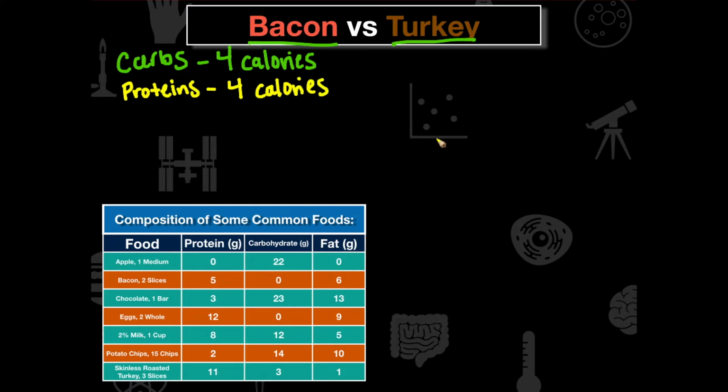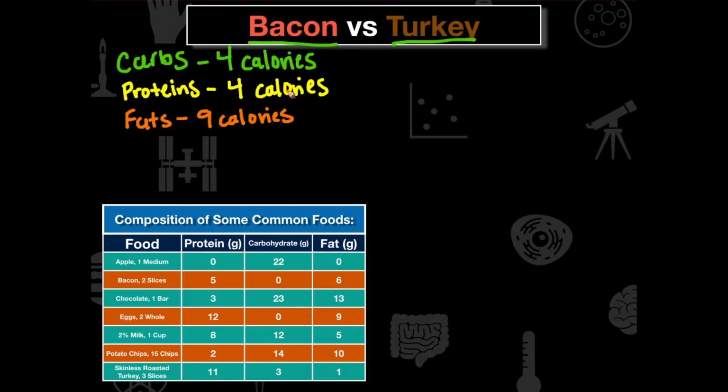Now, lastly, we're going to look at fats. And we're going to assume that fats, or triglycerides, have 9 calories, so 9 calories per gram of fat.